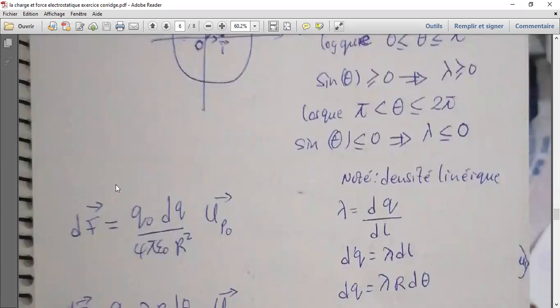So I don't know if you are clear on the formula before we move on. Are you clear on the formula? If you have any question on the formula, basically you just have to know the formula for force. If you have a question, yes, you can ask. Hello.